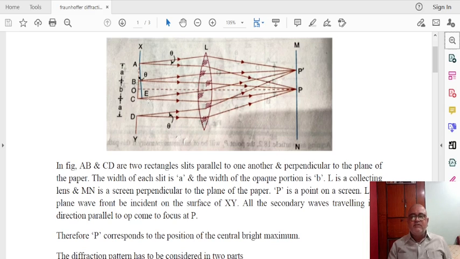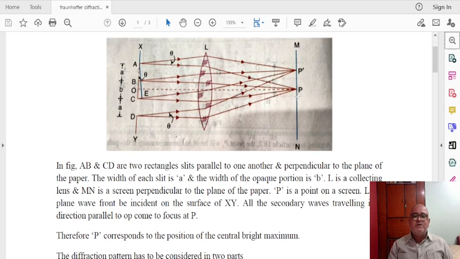All the secondary waves are traveling in a direction parallel to OP, which comes to focus at P. Here we are getting the focus.